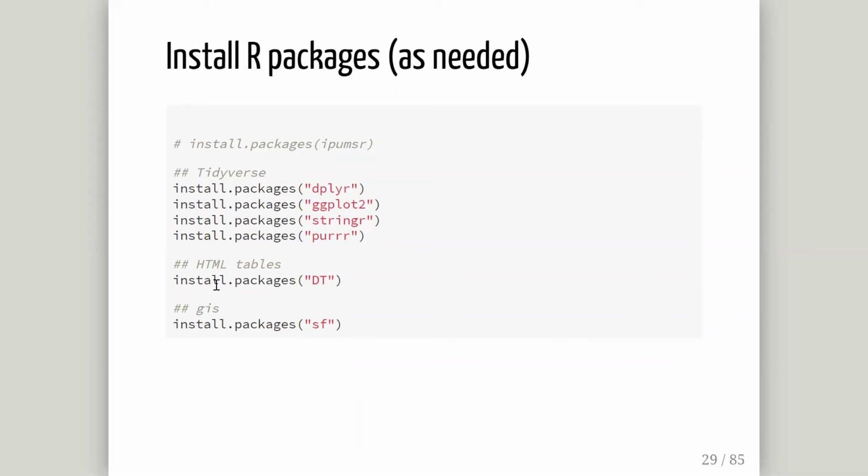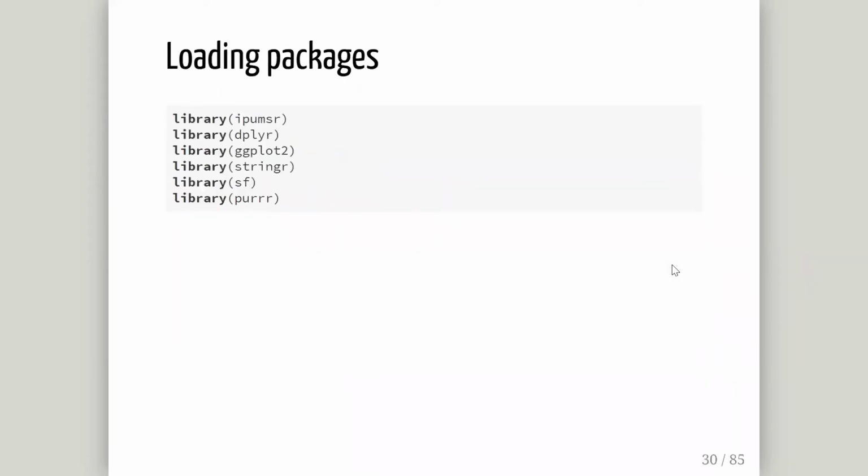For some of the formatting in this presentation, we're using the DT package, and we're working with GIS shapefiles later on, so we're using the sf package. So if you need any of those packages, you might want to install them beforehand. And then as you're working interactively, you just need to make the library calls to make sure that they are in your local environment to use those functions.